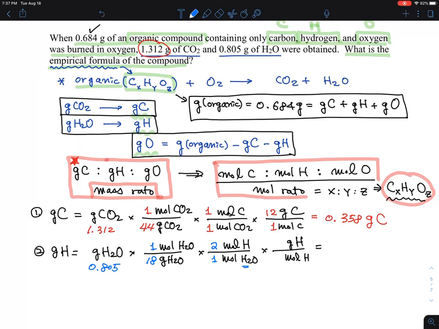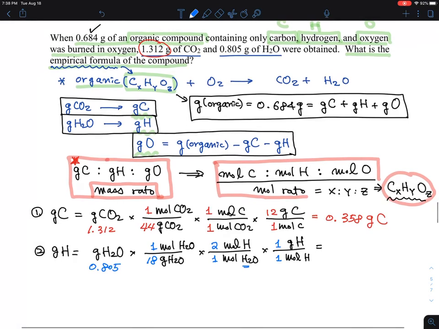So that's a 2-to-1 ratio, and 1 mole of hydrogen is how many grams? 1 gram. By doing so, you will get 0.090 grams of hydrogen.